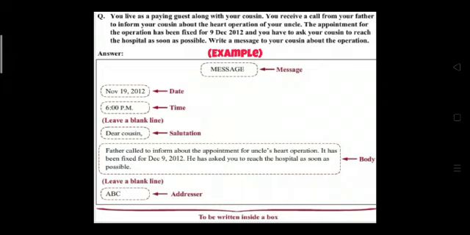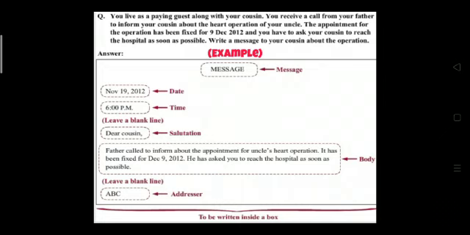He has asked you to reach the hospital as soon as possible. So children, you can see that this is a very appropriate message, and no unnecessary detail is mentioned. Your content should be like this. There should be no extra words or other details in the content of the message. Whatever is given in the question, you have to write according to the question.